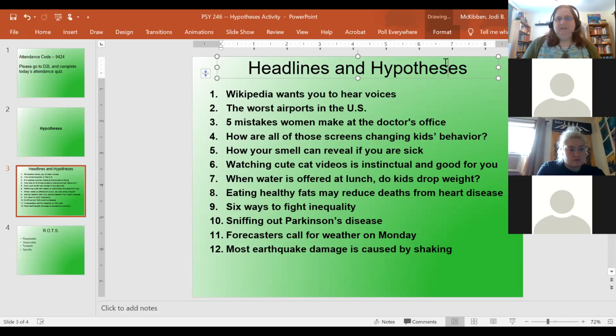So we didn't use anything from the list. We came up with something different. The headline is trees are popping up sporadically across the state, and then the hypothesis was due to climate change, trees are growing at a rapid pace. Okay. So let's think about this.